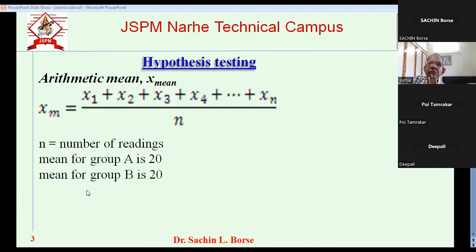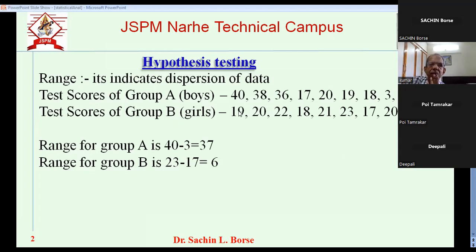We'll just go back. So you just calculate the deviation for the boys' marks. The mark is 40. Now you take the difference from the mean, which is 20. So your Di is coming to 20. Similarly, you take the second reading, 38 minus 20, which is 18.